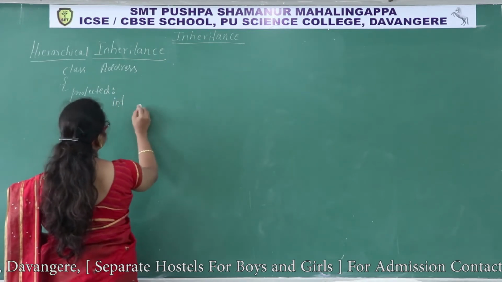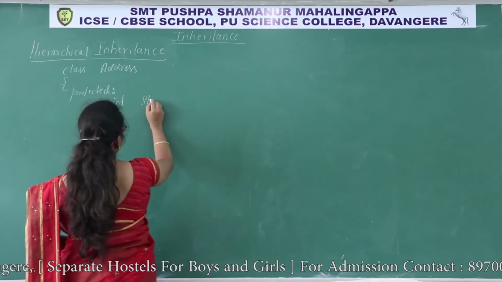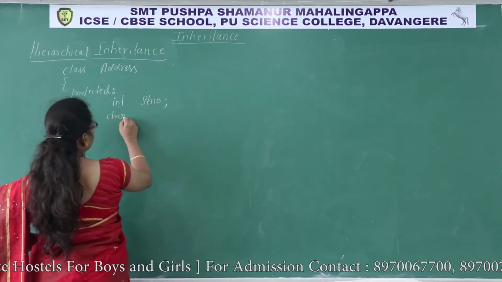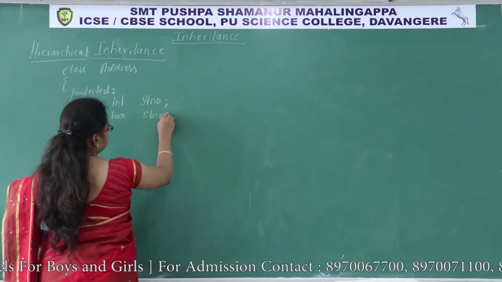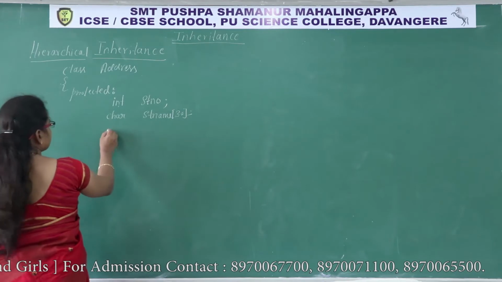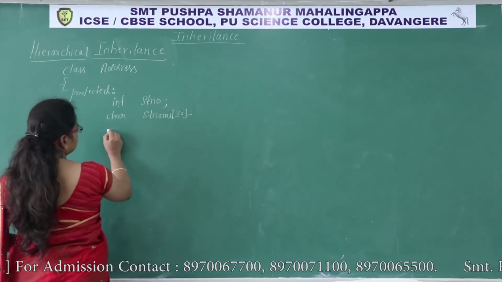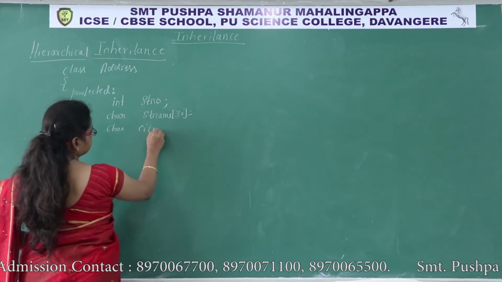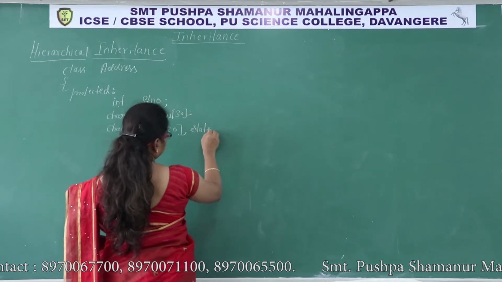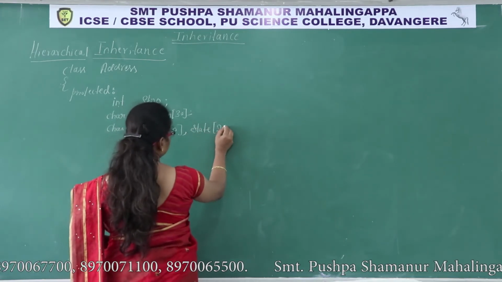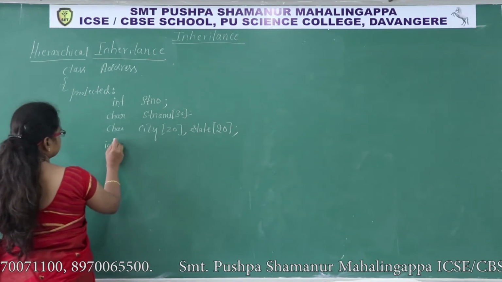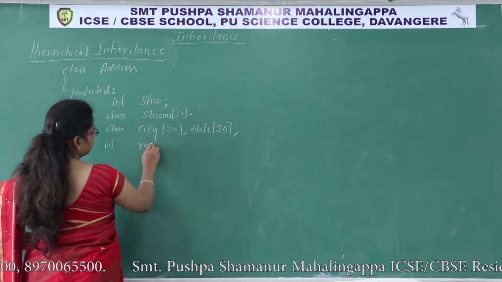Int street number, char street name, I will take 30, city, char city, state, and pin code.